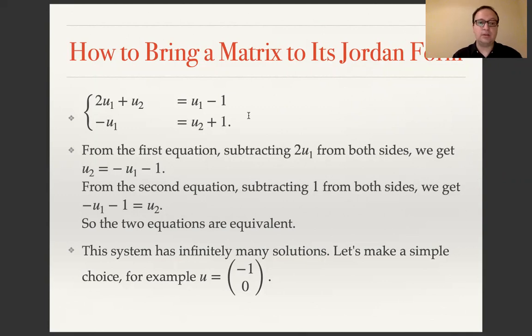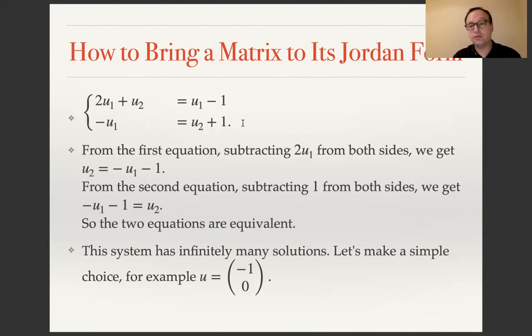So let's check. If we subtract 2u1 from both sides in the first equation, we get u2 is equal to -u1 minus 1. And similarly, from the second equation, if we subtract 1 from both sides, we get -u1 minus 1 is equal to u2.